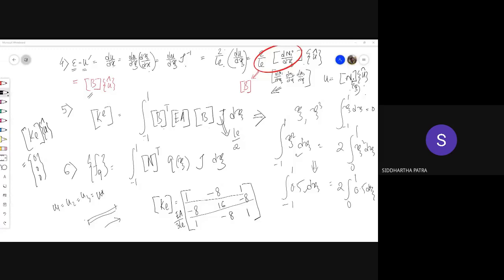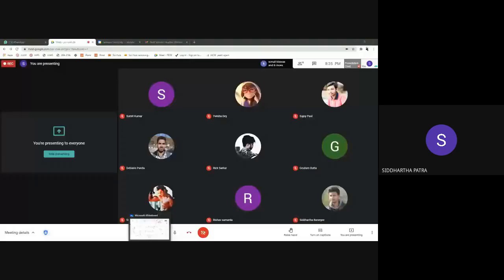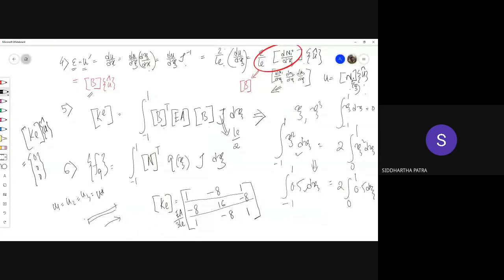Does anyone else want to say something? I feel that we might encounter 7 somewhere. Are these two entries 7? Sir, is the first element 7? Sir, the first element of the matrix is 7.